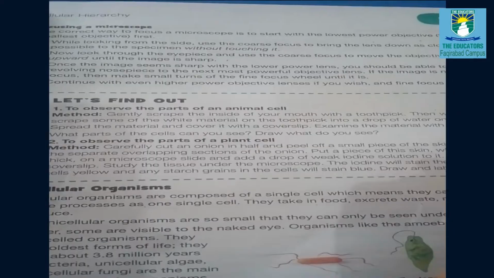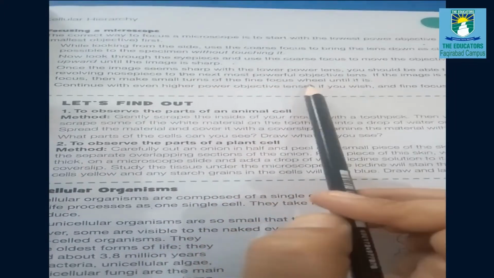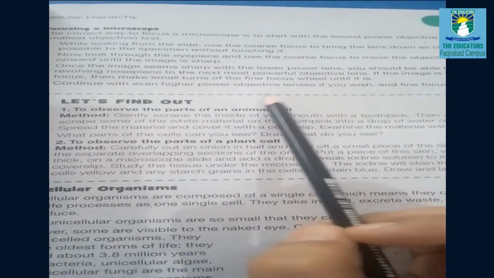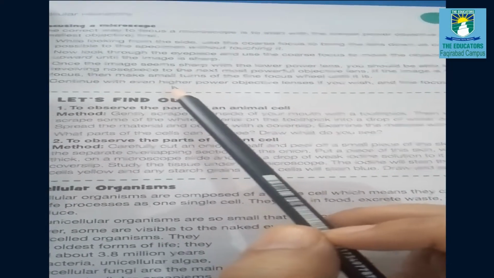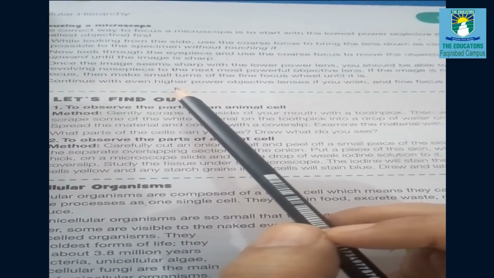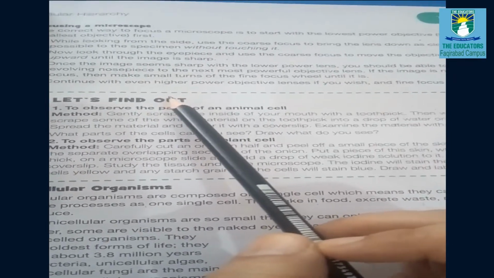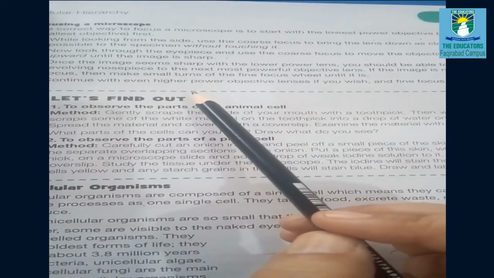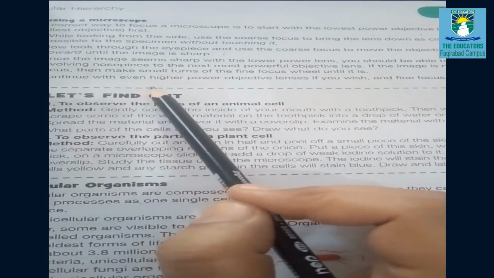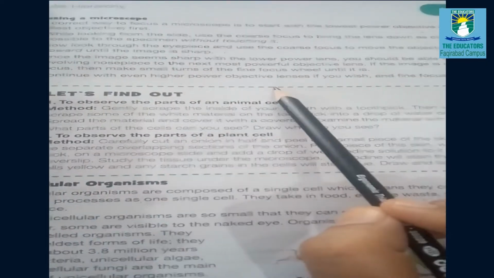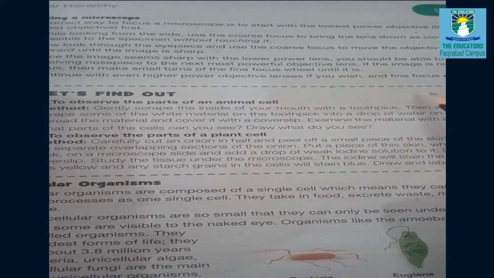If the image is not in sharp focus, then make small turns of the fine focus wheel until it is. Continue with even higher power objective lenses if you wish, and find focus for each.